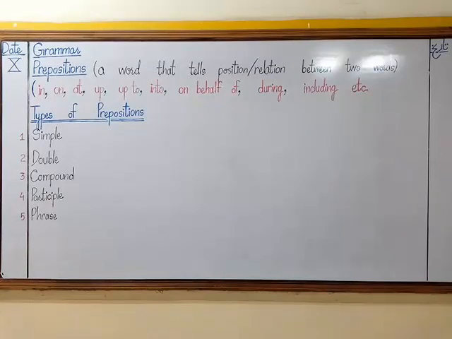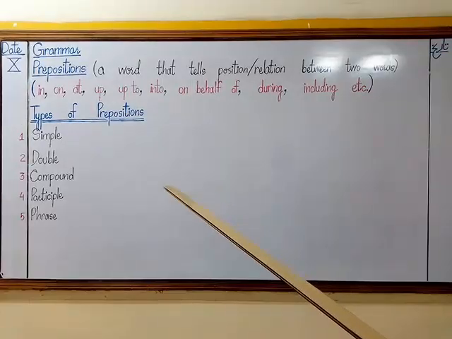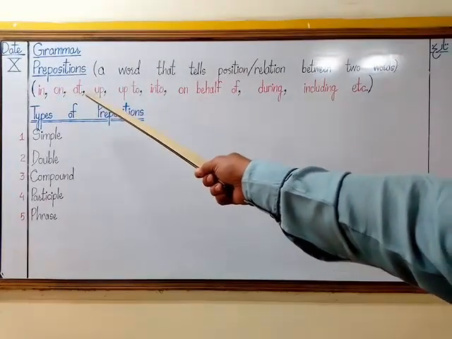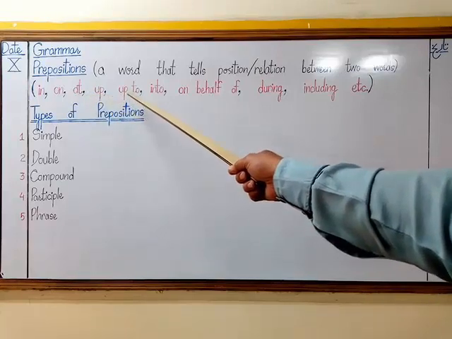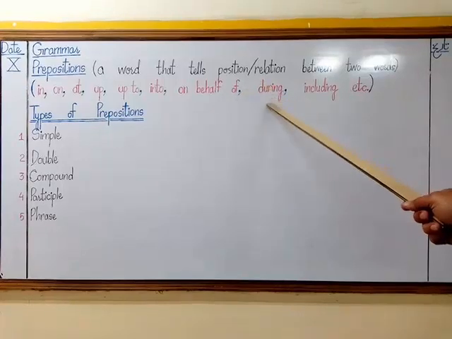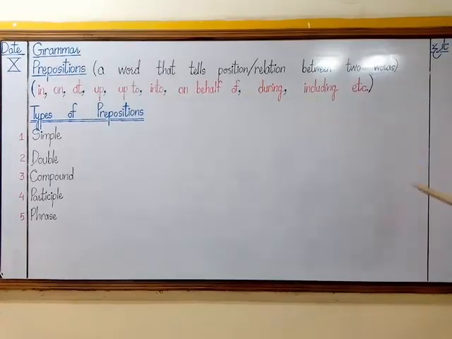Here I have written a couple of examples of prepositions. These examples include in, on, at, up to, into, on behalf of, during, including, etc. These are some of the examples of prepositions I have written on the board, and I have also explained the types of prepositions we have in the English language.